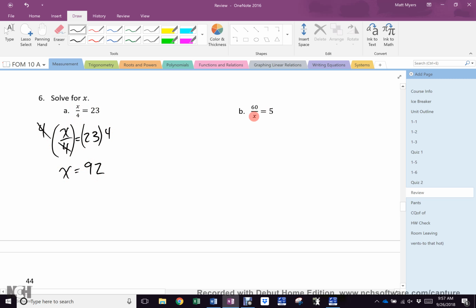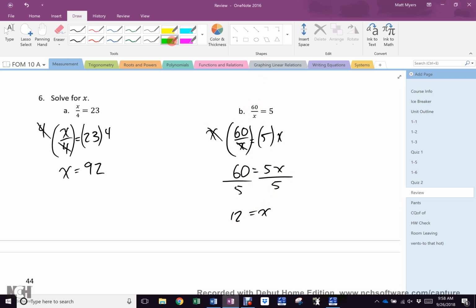Over here, I need to get x by itself, but it's in the denominator. So I got to move it. So again, I'll write it out. 60 over x equals 5. If I multiply both sides by x, cancel, I get 60 equals 5x. Then, of course, I would divide by 5, and x would equal 12. Now, you should see a shortcut.